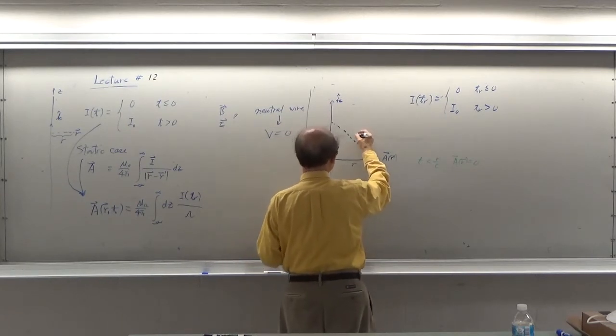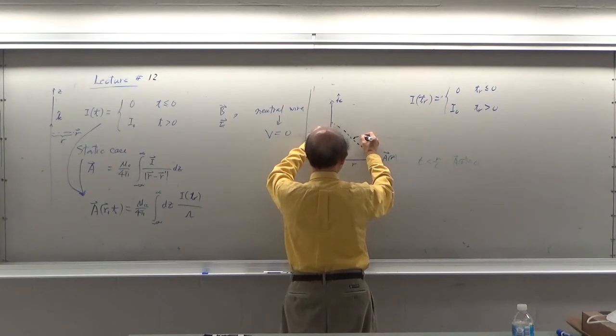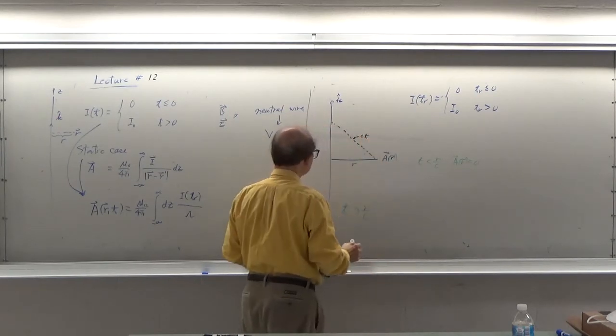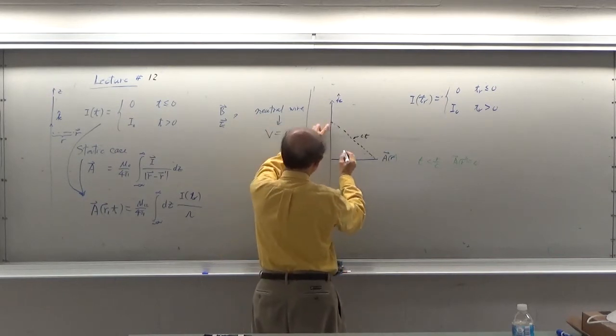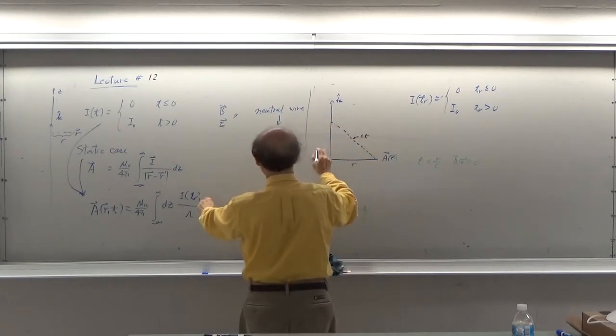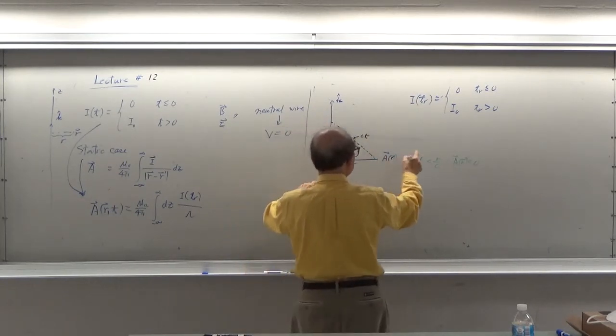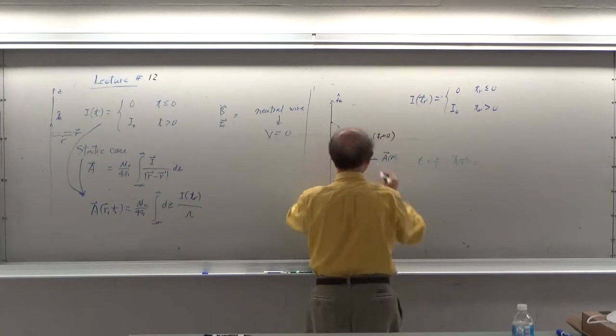Let's call this distance ct. So this distance is ct, and that corresponds to TR being 0.